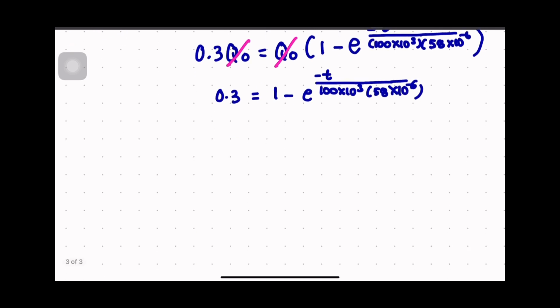Okay, ni you settlekan dulu. Satu tolak dengan yang ni, ataupun yang ni tolak dengan satu lah. Okay, nanti negatif tu akan hilang. So finally you akan dapat T lah. T sama dengan 2.07 second. Kita buat ln both side lah, untuk hilangkan eksponen tu.